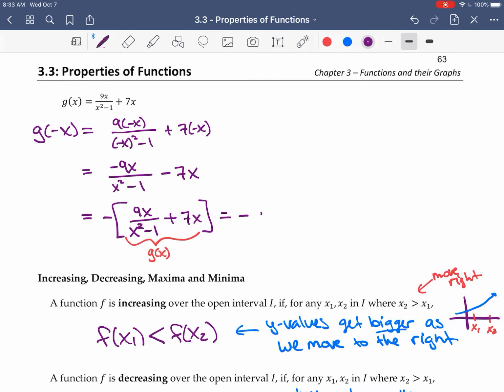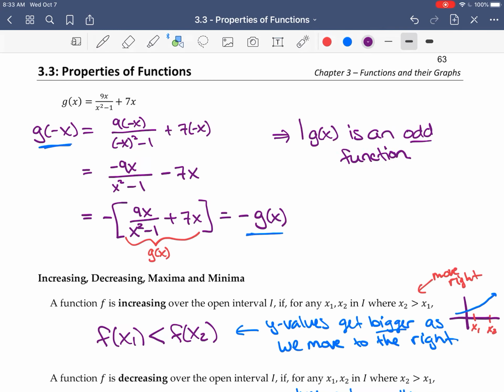So that means that this is equal to negative g of x. So since g of negative x is equal to negative g of x, I know that g of x is an odd function. Okay, so now we know that g of x is odd.